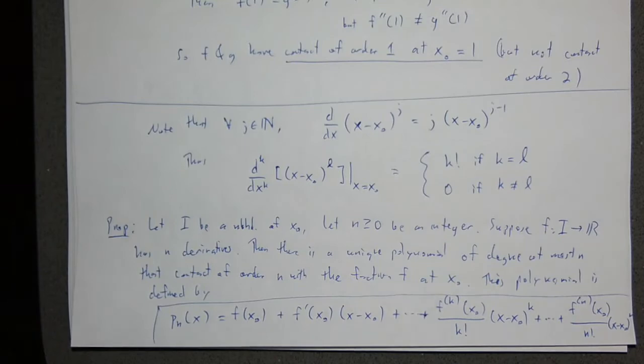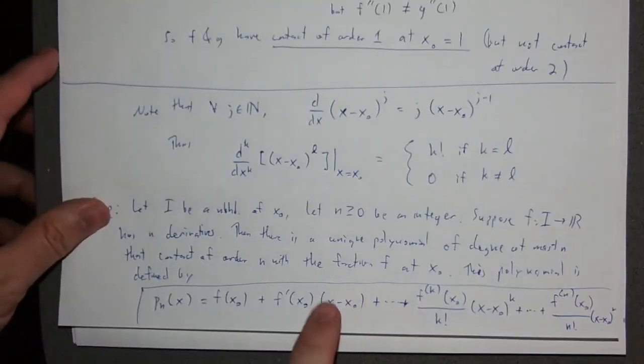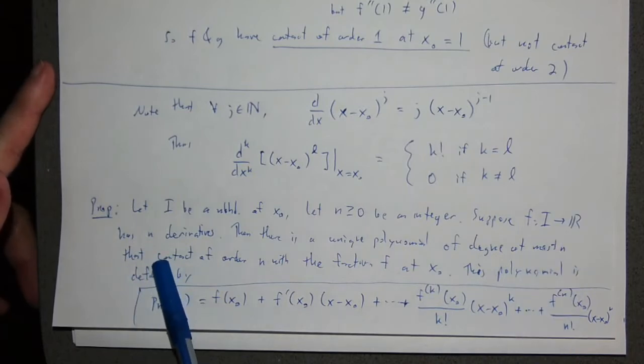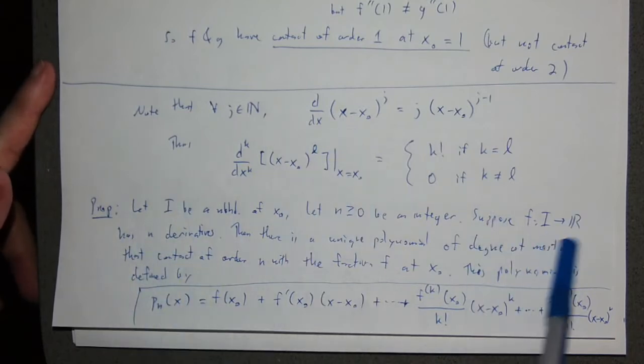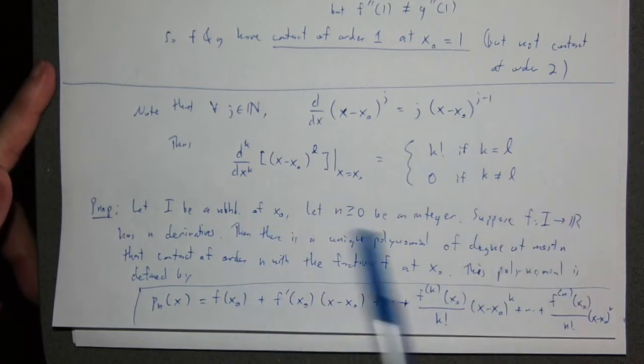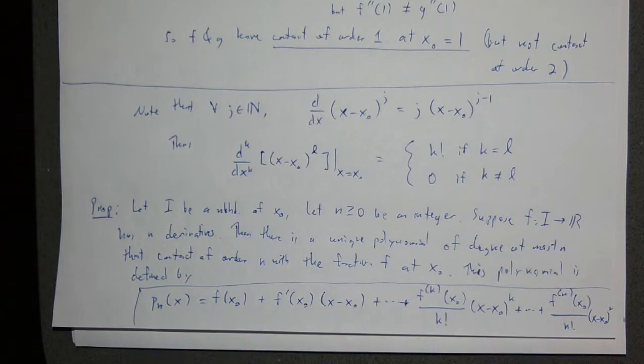Let me do this proof. So just quickly, what is it that I'm proving? I have some generic function. It has n derivatives, and it's defined on some I that's a neighborhood of a point x naught. And I'm claiming that this is the unique polynomial of degree at most n that has contact of order n with the generic function I started with.